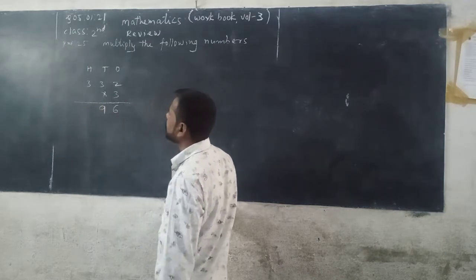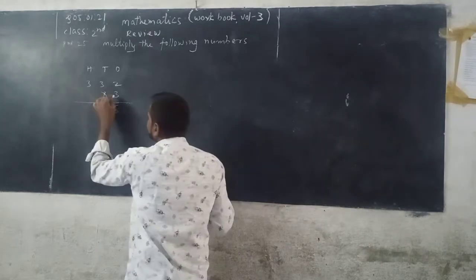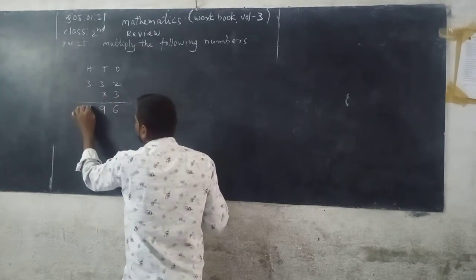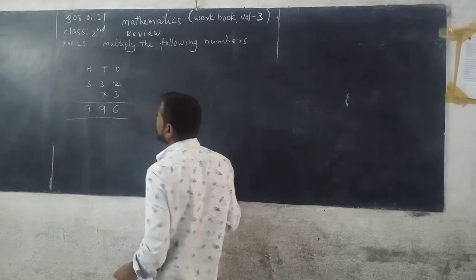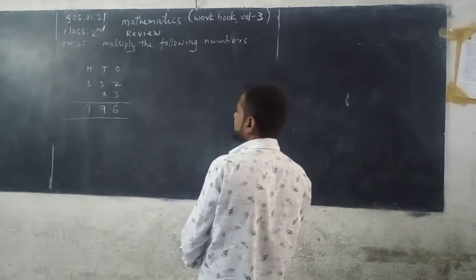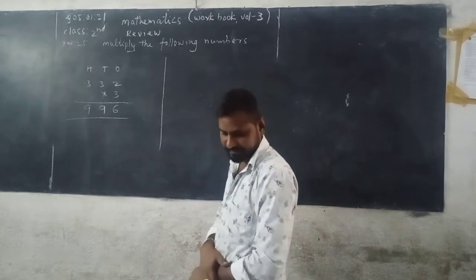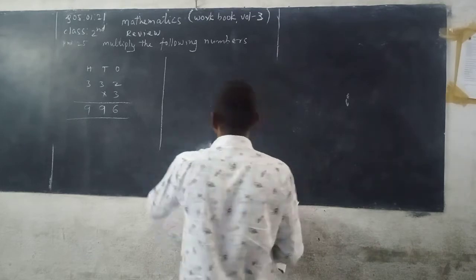Again, we multiply the digits in hundreds place. 3 with 3, 3 3s are 9. Then you can write 9 in hundreds place of the product. Then product is equal to 996.